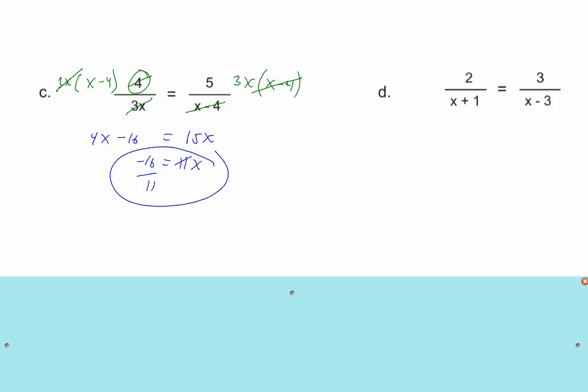How many got that correct? Okay. All right, D is exactly the same again, right? By the way, let's talk about the excluded values of D first off. Our variable cannot end up being what two values? -1 or +3, right? Okay, so go ahead and solve that.